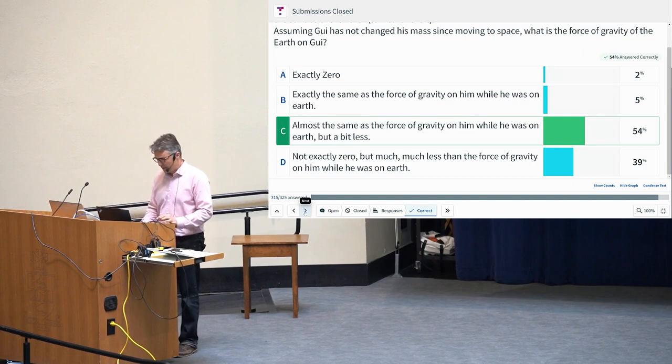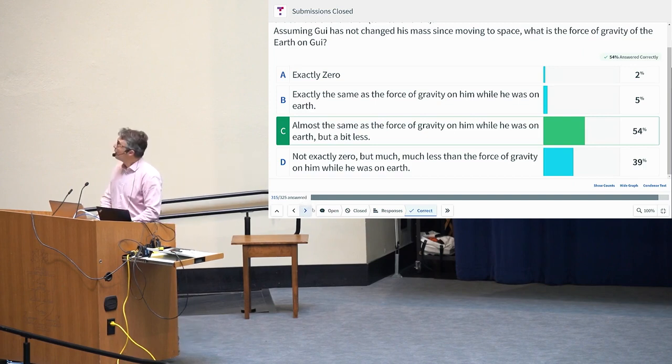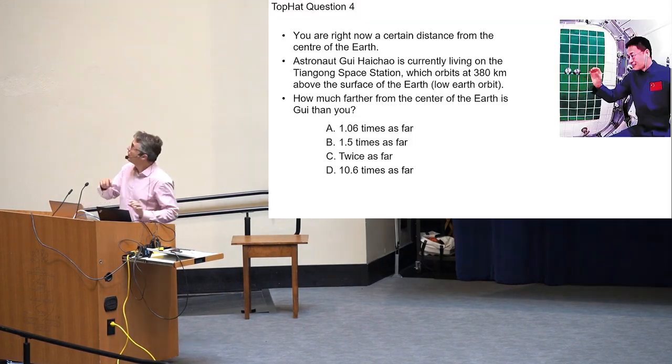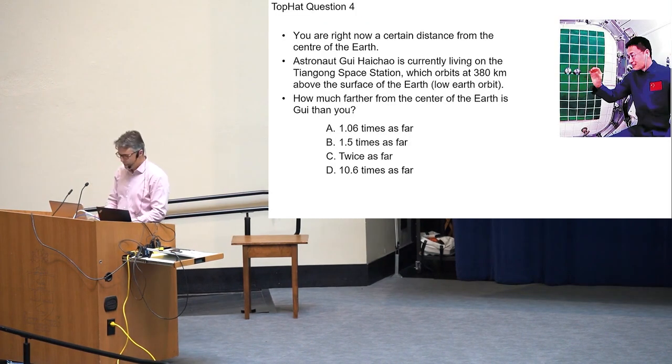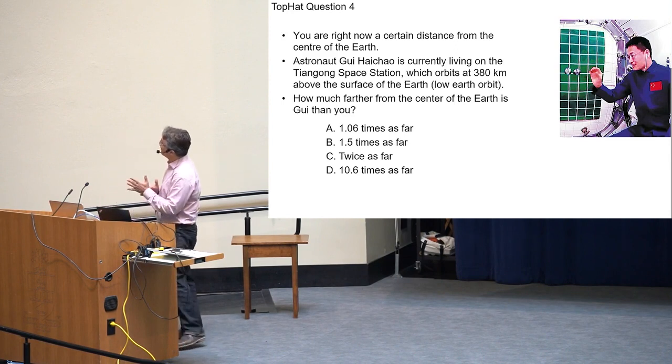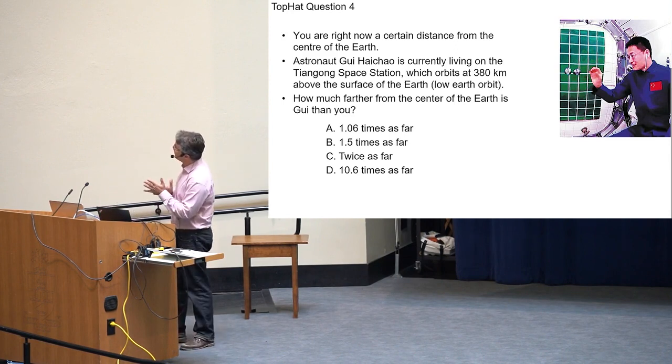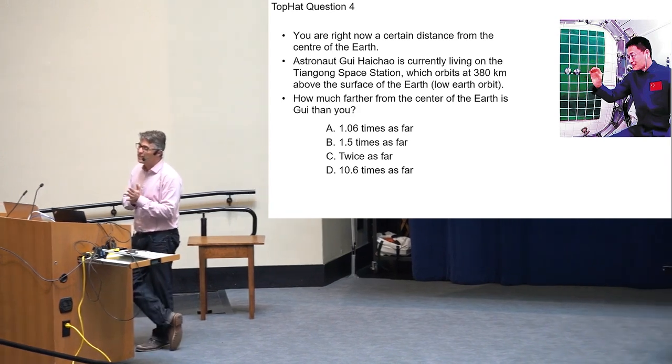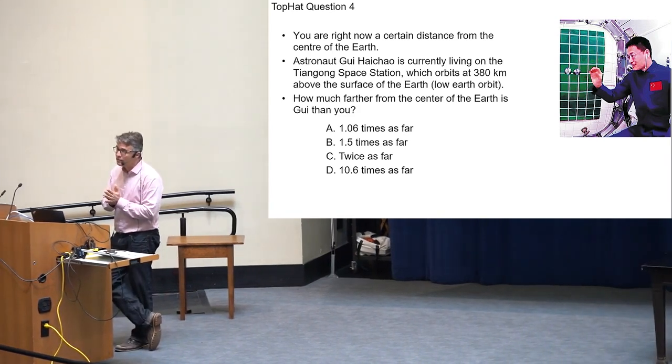And let's think about it this way. You are right now some distance from the center of the Earth. I guess it's 6,400 kilometers. You're not at the center, right? Astronaut Gui Haichao is currently living on the Tiangong space station, which orbits at 380 kilometers above the surface of the Earth.